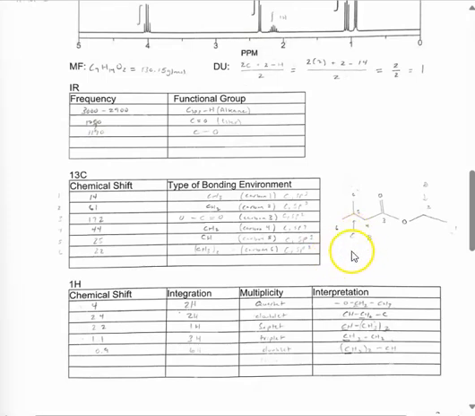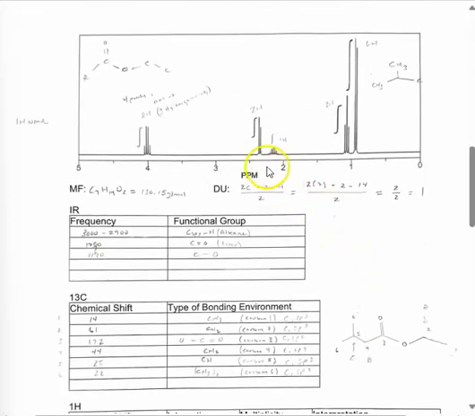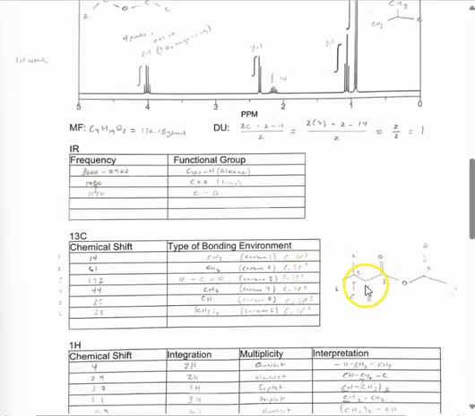Now as we move down the list, we'll look at the peak at 2.4, which is this carbon here, carbon 4. We have 2 hydrogens connected to this carbon, and we can see it further upfield because it's not directly on the oxygen, since one carbon doesn't have any hydrogens.